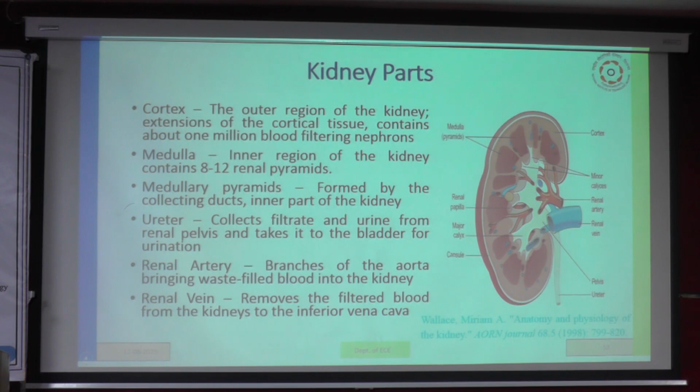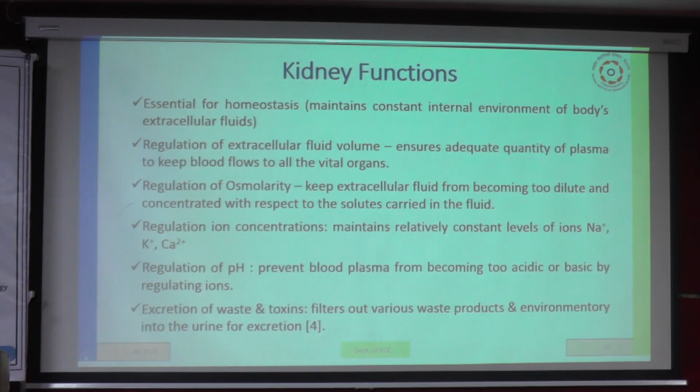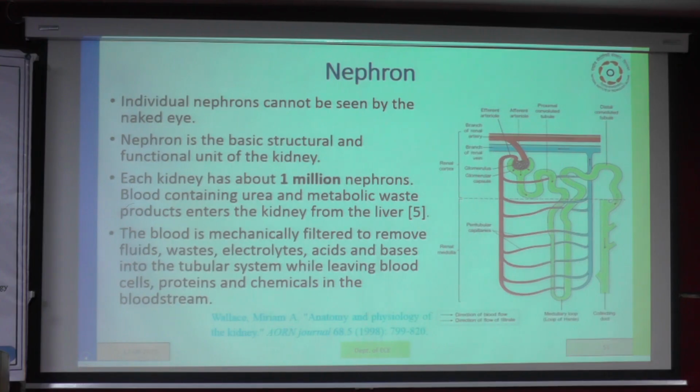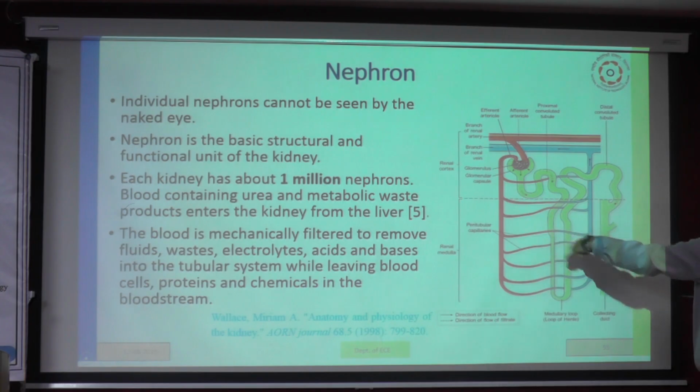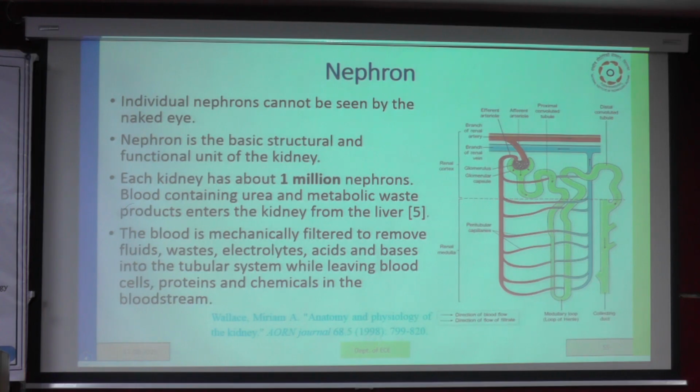This is the kidney and these are its functions. This is the nephron-like structure. You see, it is a very complex structure: the red means the blood vessels, and the blue and red are interrelated. The original structure inside the body is very difficult to draw, as it is all interlinked with each other.